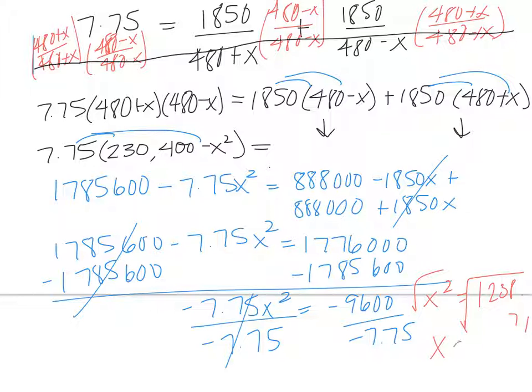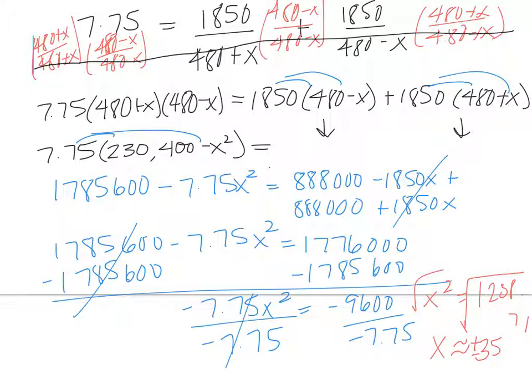So x is going to be about, let's see, take the square root of that. About 35. So the speed of the wind will be about plus or minus.